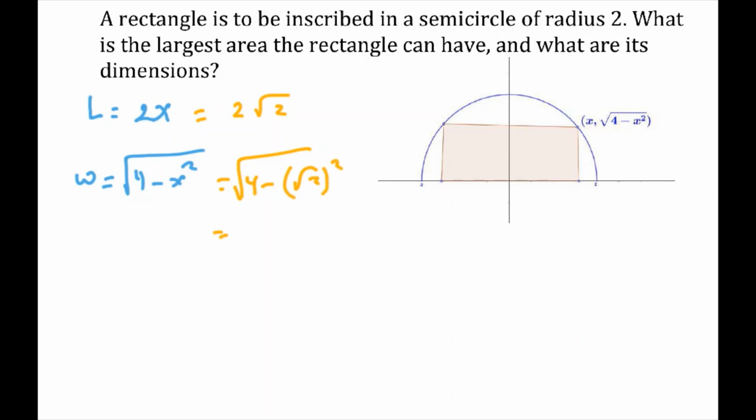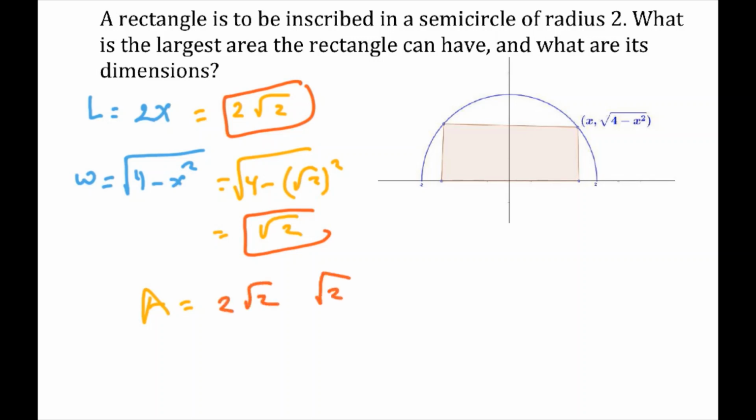That's 4 minus 2, which is the square root of 2. Now the area will be length times width, so it's 2 square root of 2 multiplied by the square root of 2, which is 2 times 2, which is 4, again unit squared.